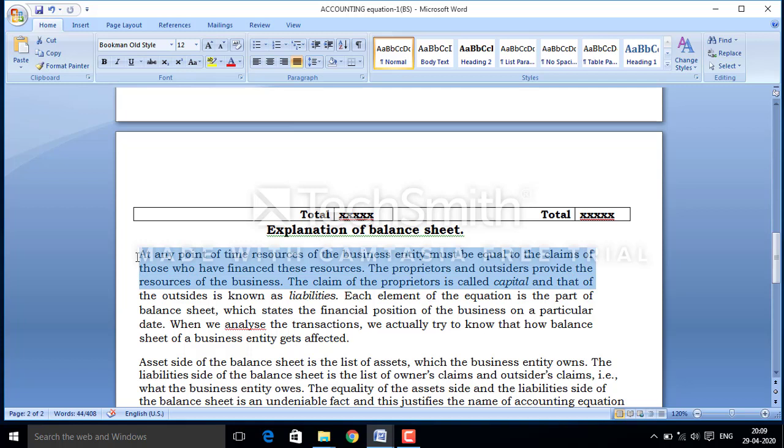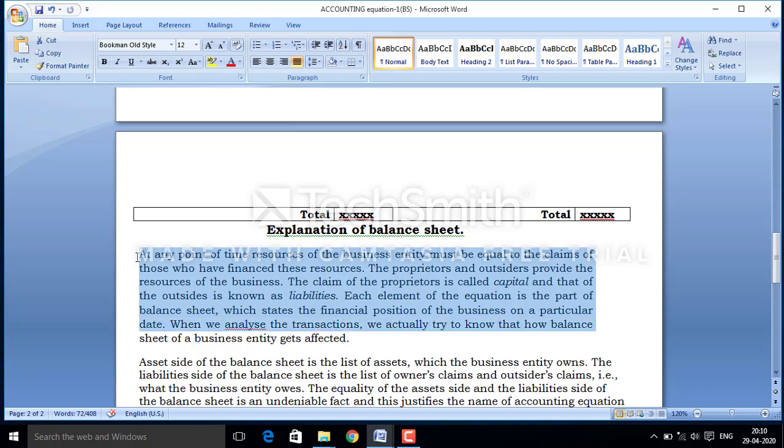The claim of the proprietor will be known as capital, and the fund given by the outsider will be known as liability. After totaling the elements of liability and capital, the two sides of the financial statement must be equal.